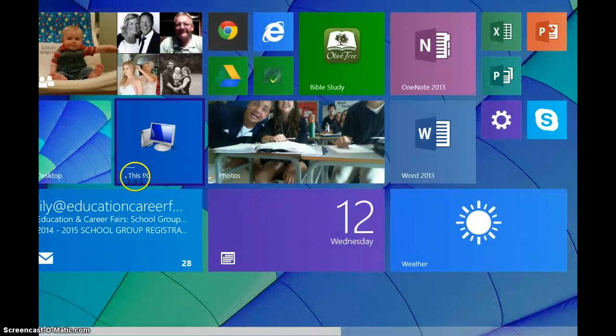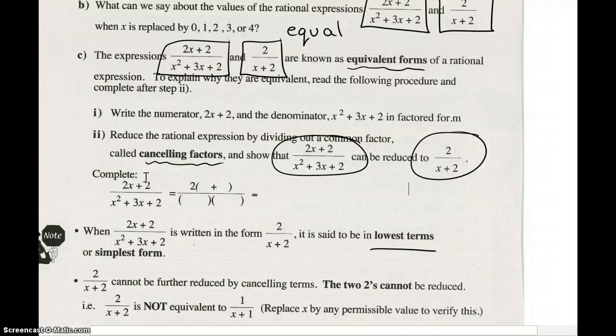So, as you know, first thing we need to do is find in our first expression what is the common factor. Oops, I highlighted the wrong one, but it's the same. There we go. And we pull out 2, and I'm left with x plus 1.